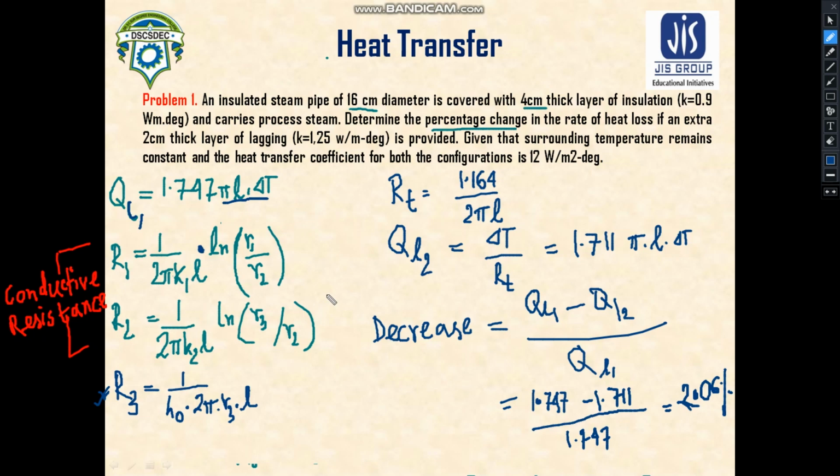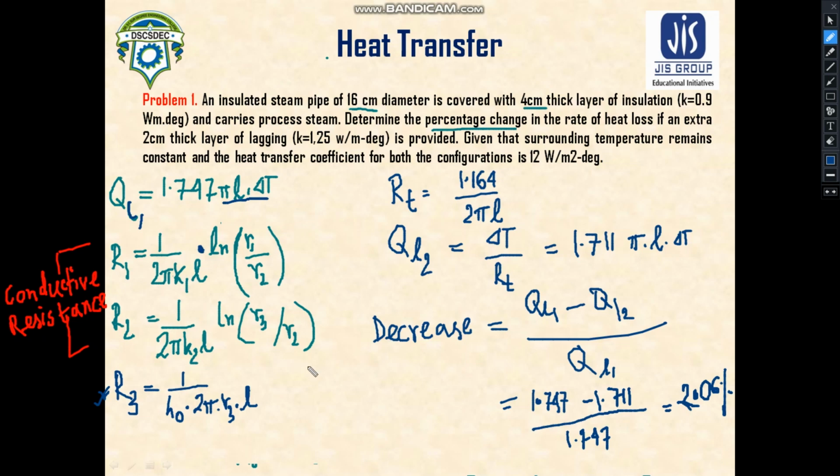So it was very simple. You just need to calculate the thermal resistances observed in both the cases. In the first case, since there was a single layer of insulation, there was only a single conductive thermal resistance, and in the second case, where there were two layers, there were two conductive thermal resistances, and in both cases a convective thermal resistance was present.